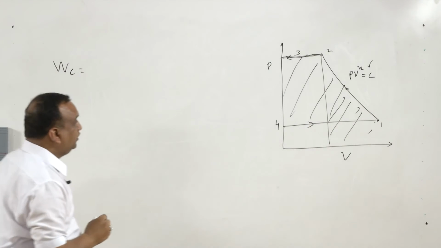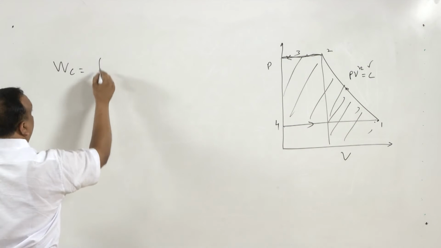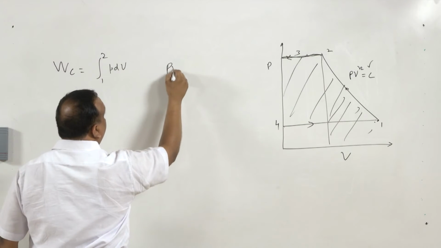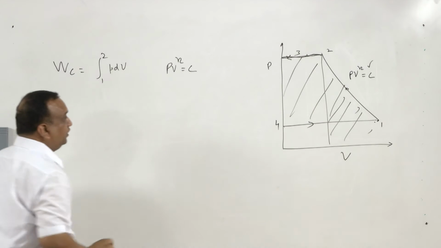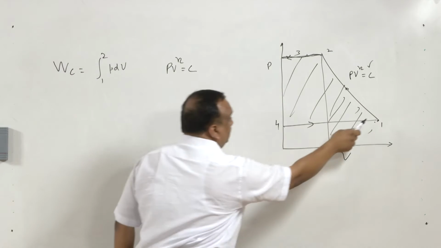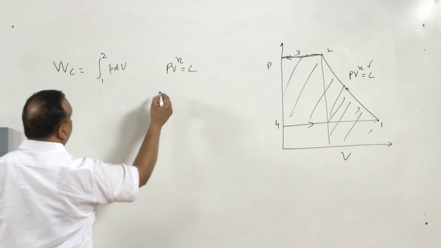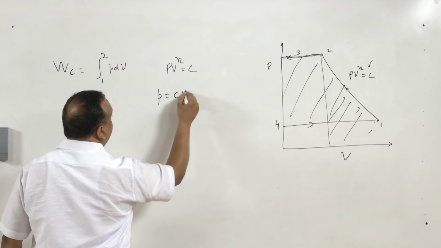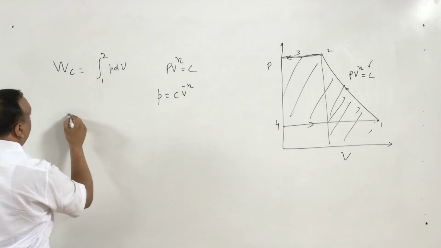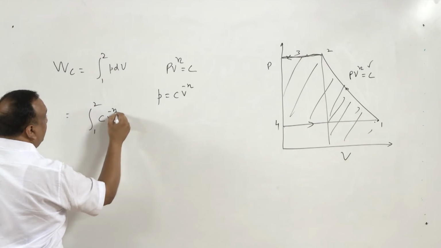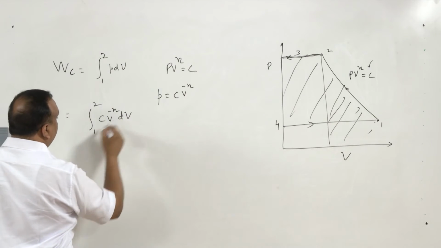So, area under 1-2 is nothing but integral 1 to 2 PdV, where PV raised to power n is equal to constant, because during process 1 to 2 the system behaves as a closed system. So, P is equal to CV raised to power minus n. Putting this value here, we will be getting CV raised to power minus n dV.